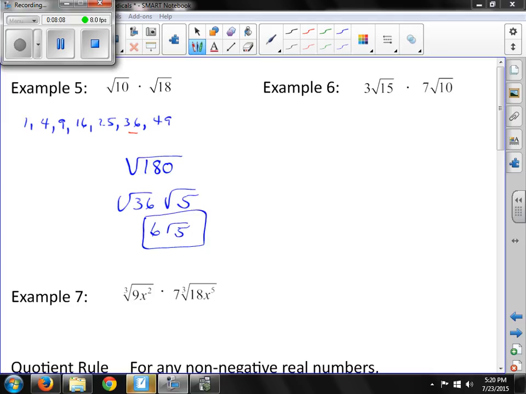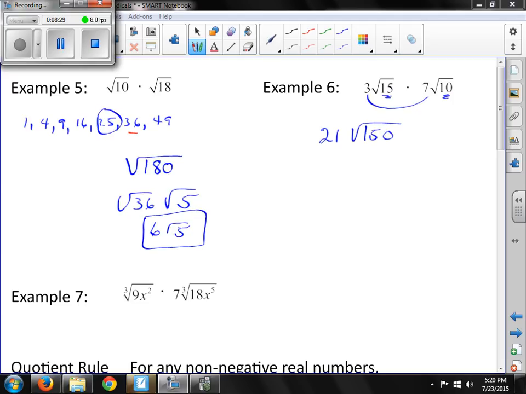On example 6, when we multiply 3 square roots of 15 times 7 square roots of 10, we'll have to multiply the outside parts together and the inside parts together. 3 times 7 is 21, so we have 21 square roots of 150. I'm going to look back over here at my chart.